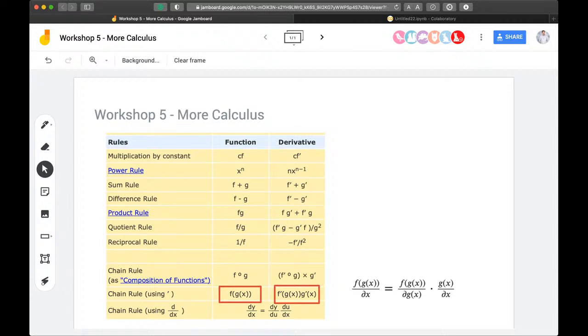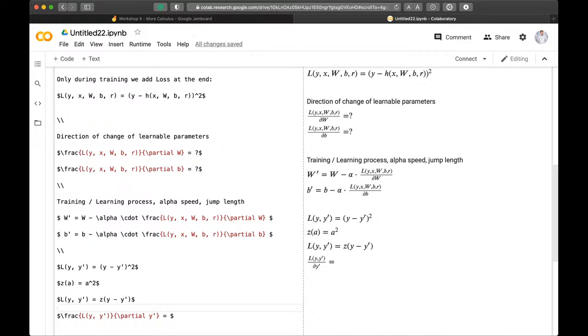So you calculate how this function will change, and you can calculate that using the tables. So there are rules for how you go from that to that. When this direction is known, we can change the weights and biases, the learnable parameters, so we can fit the functions so that they give us the desired result.